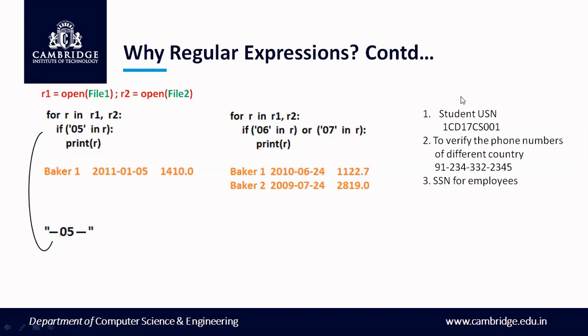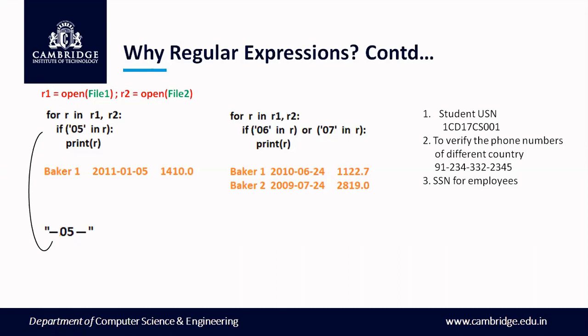Like 1CD17CS001. So CD indicates the college code, 17 indicates the year of entry of a student, and CS is the department to which the student belongs. And then there are the numbers. There is a mix of both numbers and characters, right? So how do we match these things? It's very difficult for us to write a pattern using strings.